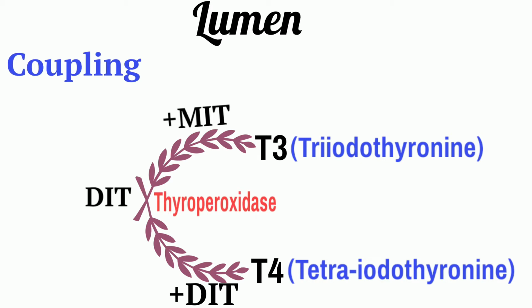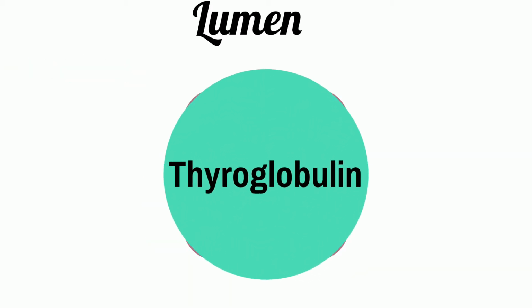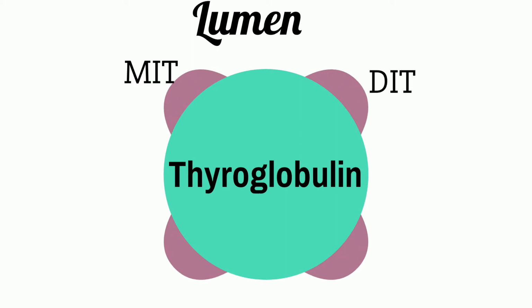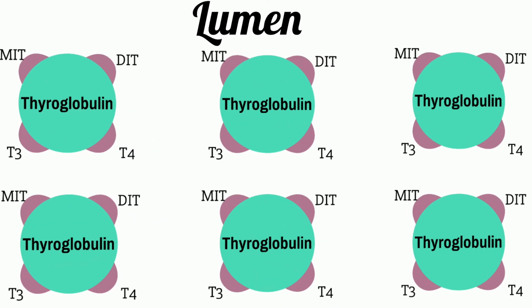Hence, in this way, a single thyroglobulin can have many monoiodothyronine, diiodothyronine, tri and tetraiodothyronine as well, and many such iodinated thyroglobulins inside the lumen form the colloid.